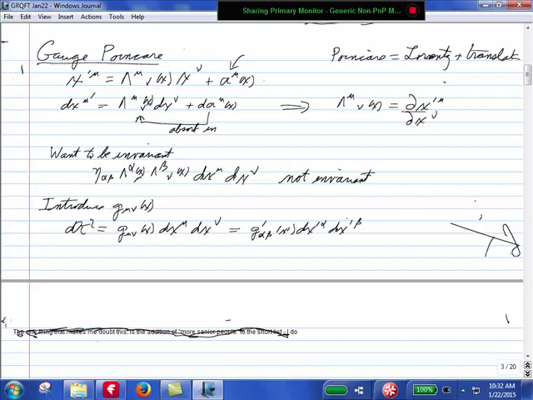So if we started off with the volume element being our locally flat coordinates d^4y, in other coordinates we would take d^4y is d^4x, the determinant of partial y with respect to partial x.